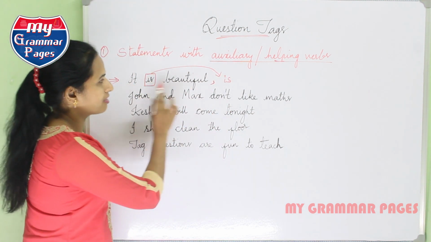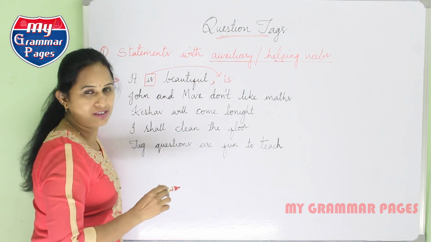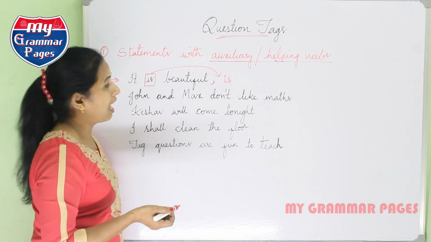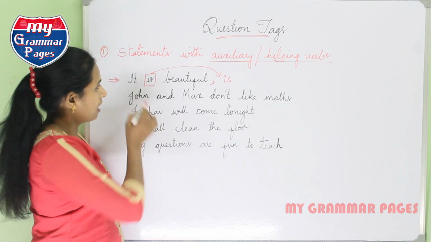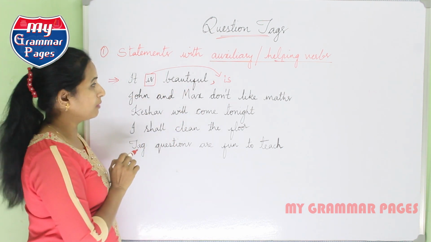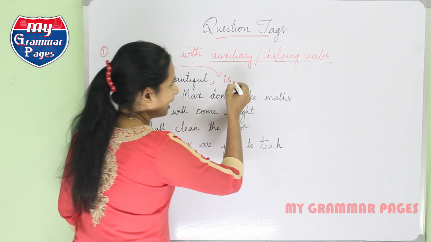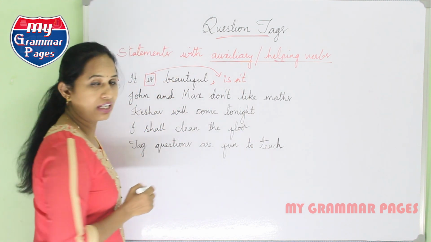And now just see the statement. I have told you already that a positive statement will take a negative tag, and for a negative statement a positive tag has to be added. Now this is a positive statement. So for the positive statement we need to take the negative tag. For the negative tag I am going to add an apostrophe t. That's all.